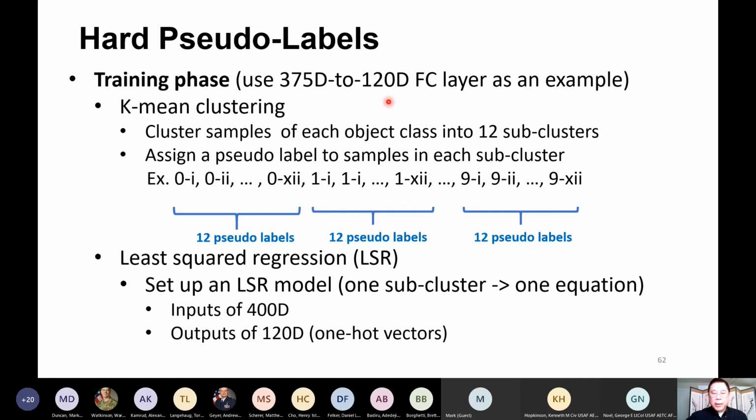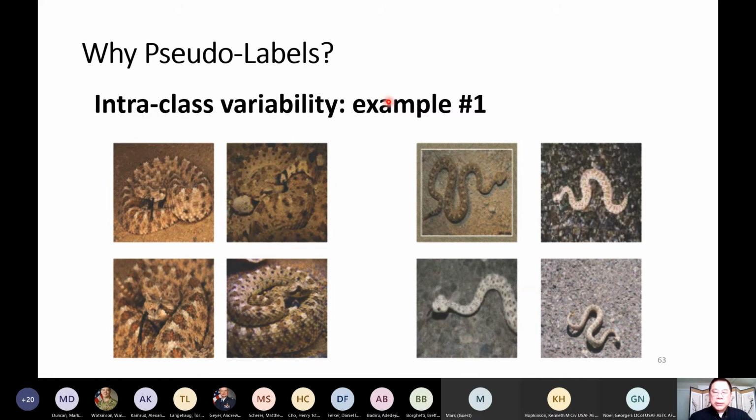So the reason we want to do this subclustering, splitting 0 into multiple, and 1, this is from the ImageNet. So this is a snake. This is another snake. They all have the same class label, but you see visually they are very different. Actually, we look at the feature space, look at deep feature or sub feature.